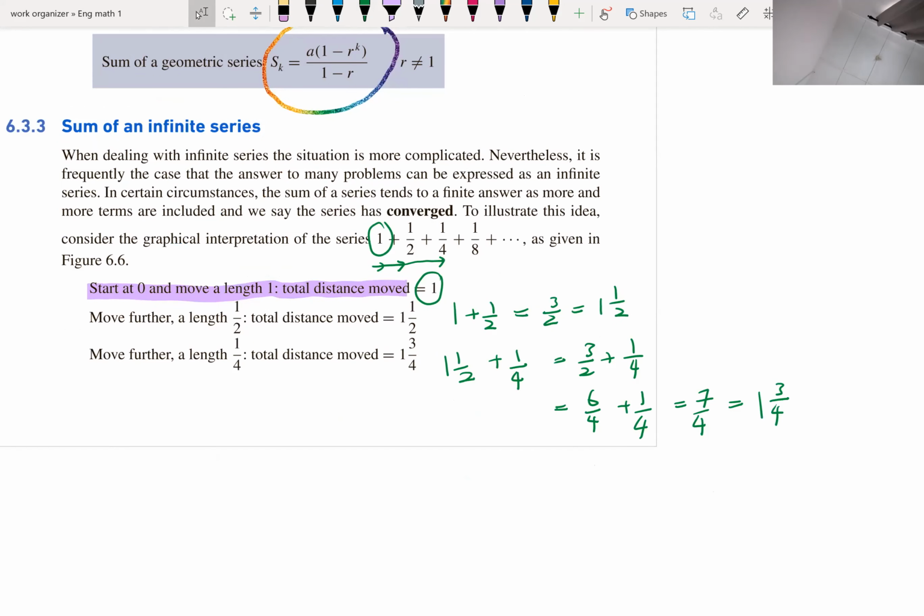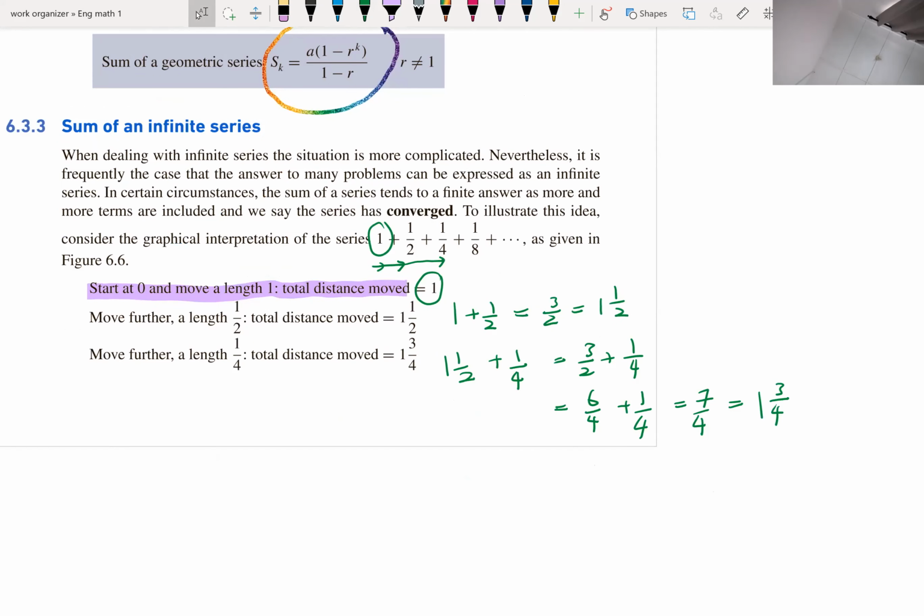I'm just showing you how to get this one. This is the Sk formula: a times 1 minus r to the power of k, divided by 1 minus r. Now k is going to infinity, so we convert k into infinity.